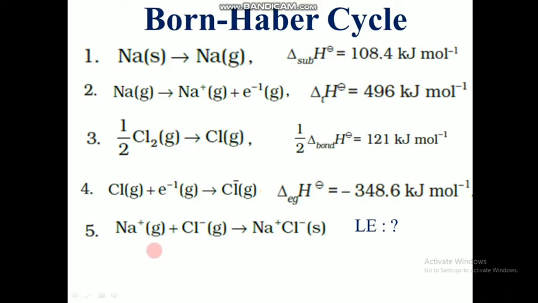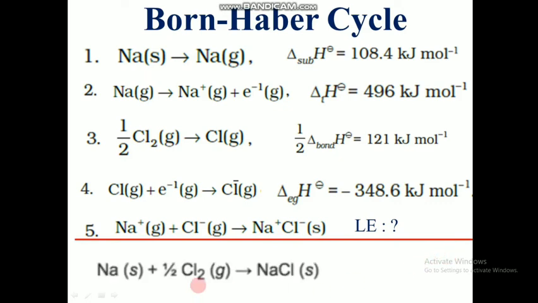On this slide we have written all the changes, and the sum of all these is equal to the enthalpy of formation, which is negative 411.2. So when we know the sum and all the other terms, we need to find just the lattice enthalpy. So this particular value minus the sum of these four values will give us this value.